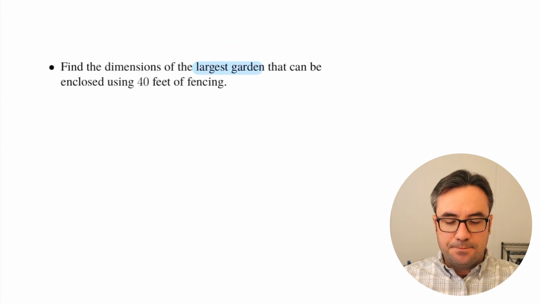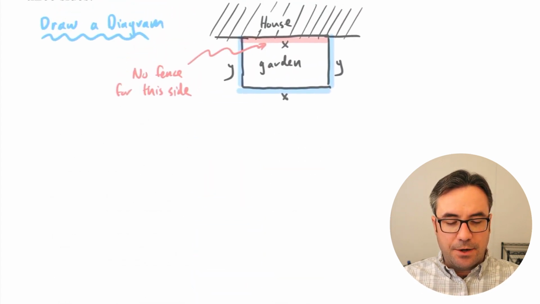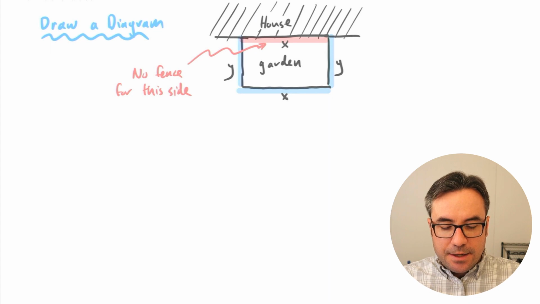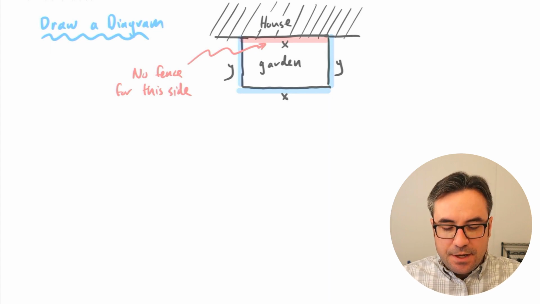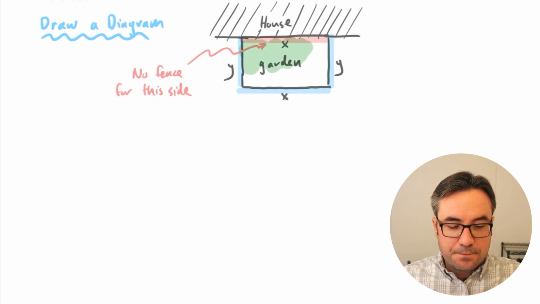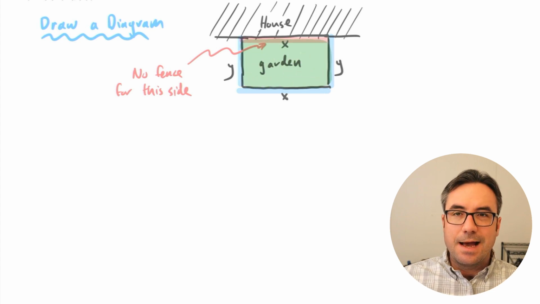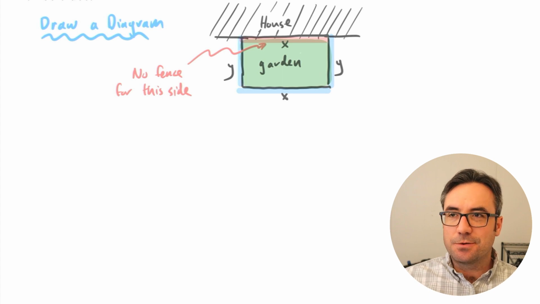If we go back up to our little diagram here, our garden is the amount of space right in here. And how do we measure that space?